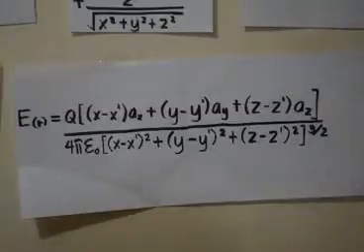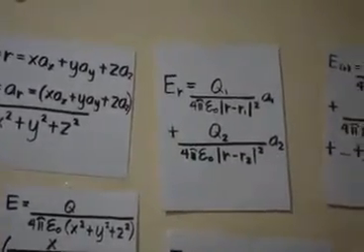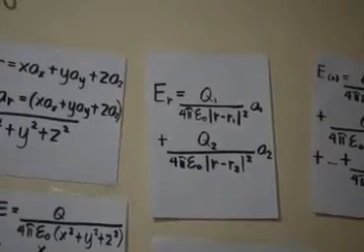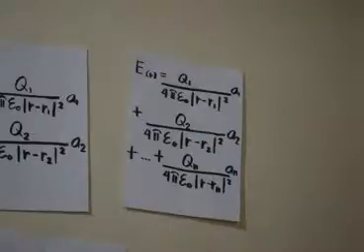Since the Coulomb forces are linear, the electric field intensity due to two point charges, Q sub 1 at R sub 1 and Q sub 2 at R sub 2, is the sum of the forces on Q caused by Q sub 1 and Q sub 2 acting alone, or the equation E of R equals Q sub 1 over 4 pi times the permittivity constant times the absolute value of R minus R sub 1 squared times a sub 1, plus Q sub 2 over 4 pi times the permittivity constant times the absolute value of R minus R sub 2 squared times a sub 2, where a sub 1 and a sub 2 are unit vectors in the direction of R minus R sub 1 and R minus R sub 2.